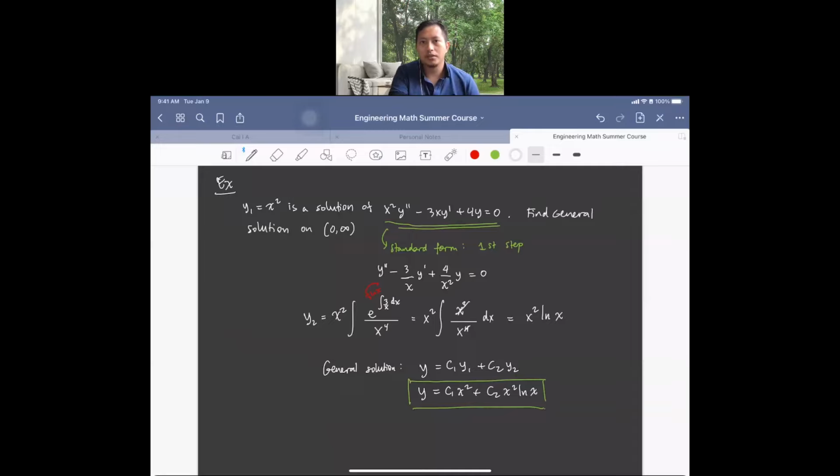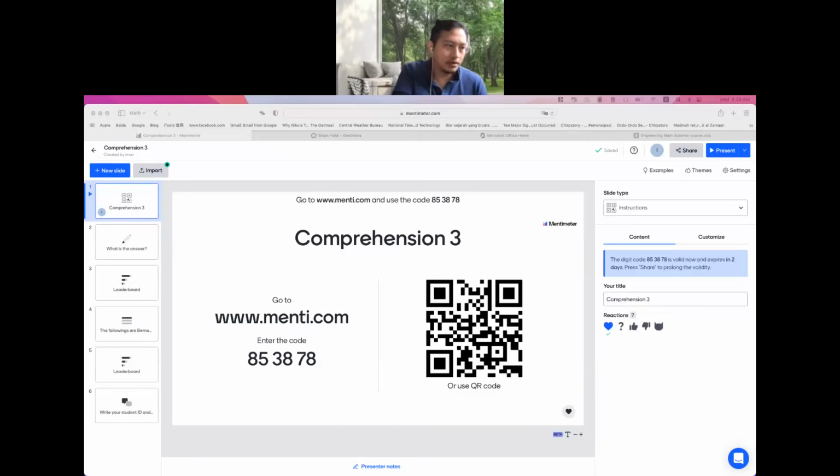Okay, let me stop the sharing first. Let me share my second screen. We are going to have feedback first.